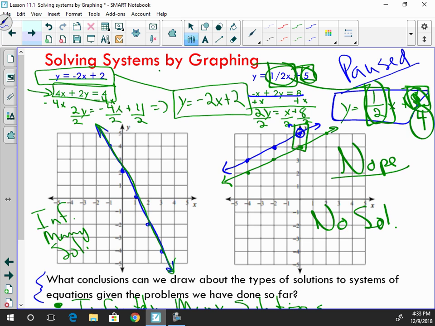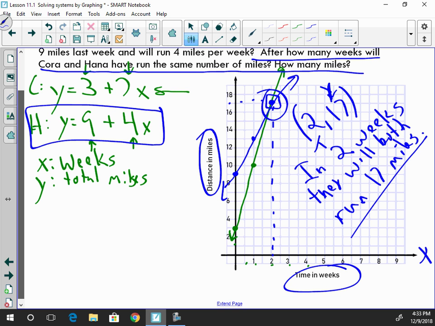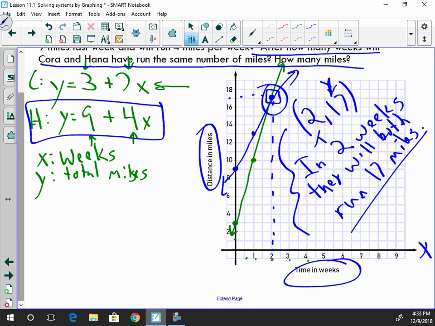And we can get infinitely many solutions when they are the same line, or no solution when they are the same slope but different y-intercepts. And then we can apply this to real-world situations just like we have in the past. Big key here for understanding the interpretation is knowing what x and y represent, which comes from the very beginning after you write your equation.